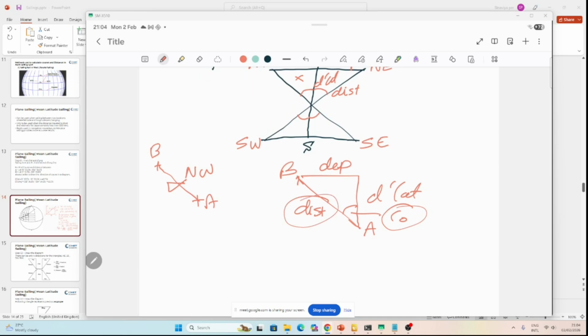In order to find the course and distance, we need the departure and the delat. Finding delat is straightforward. If you have the two latitudes, you can find the delat. But departure is not straightforward because you have to use another formula, which is departure divided by d long equals cos mean lat. All right, so let's do a sum.